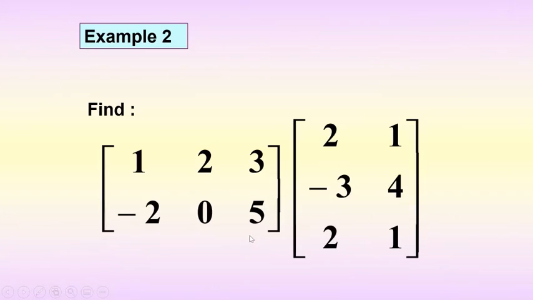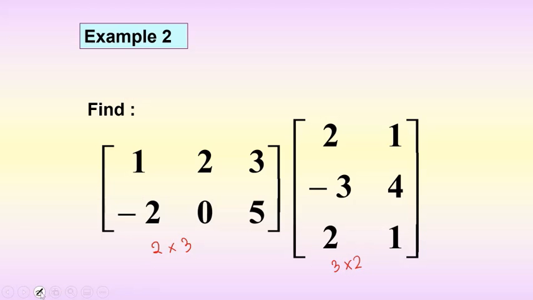Okay, let's go to the next example. Find the multiplication between these two matrices: 1, 2, 3, negative 2, 0, 5, multiplied with 2, 1, negative 3, 4, 2 and 1. So this is a 2 by 3 matrix and this one is 3 by 2.